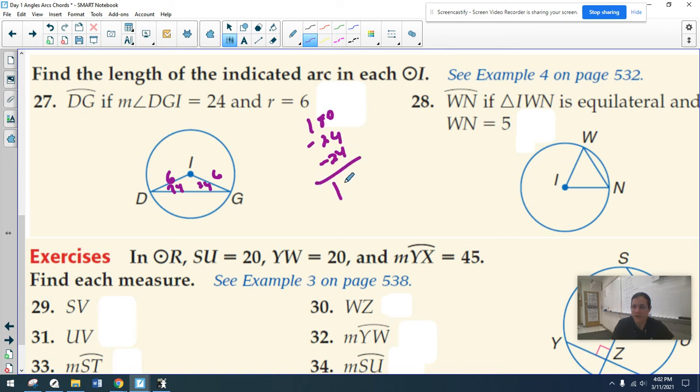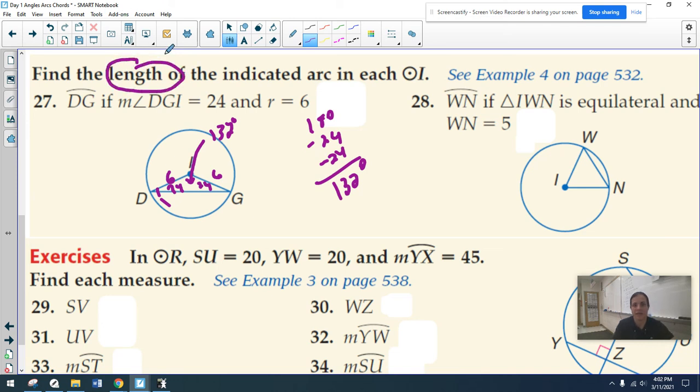So that would be 132. So this angle right here is 132 degrees. And that is what's going to help me find my DG right there. So that's how I would find the measure. It would be 132.